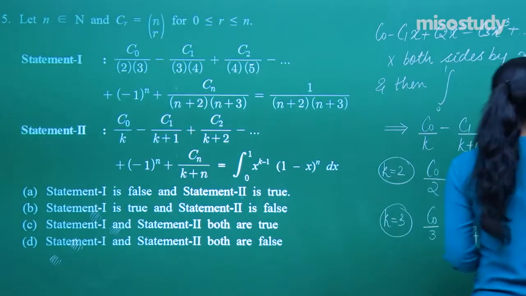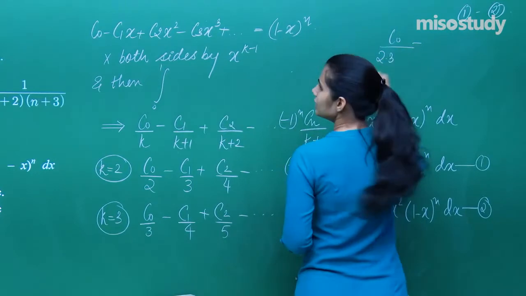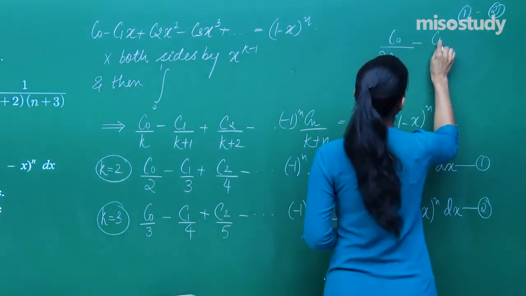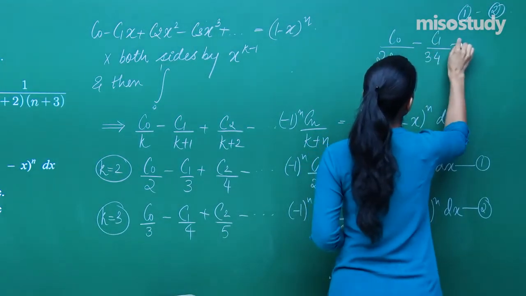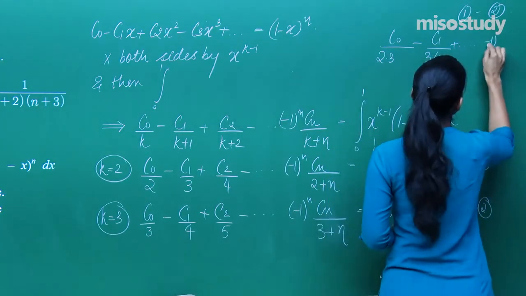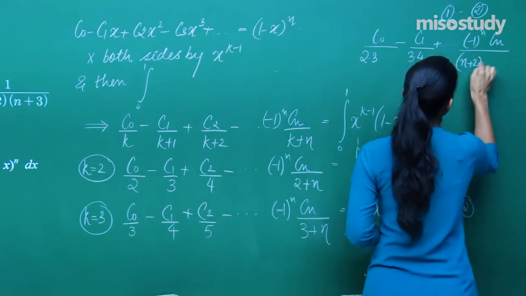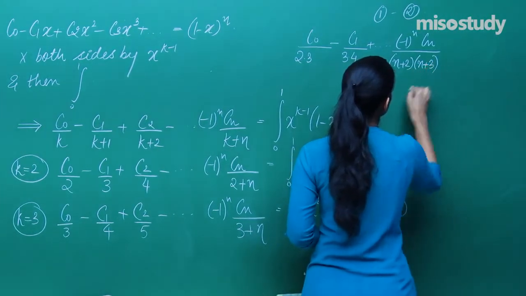You get C0 by 2 into 3. Then you get C1 by 3 into 4 and so on minus 1 to the power n Cn by n plus 2 into n plus 3.